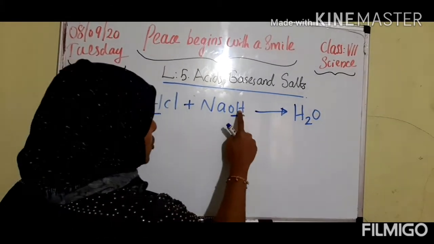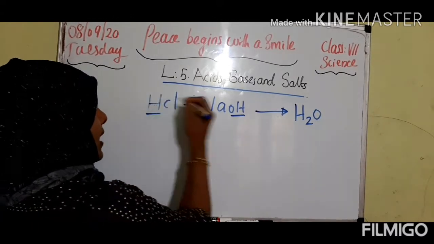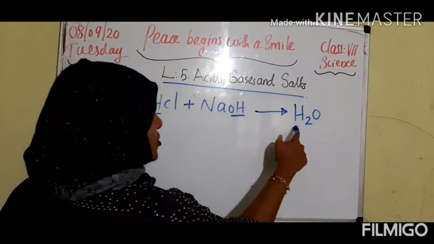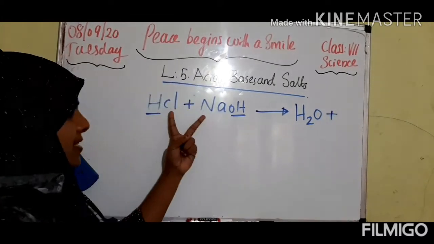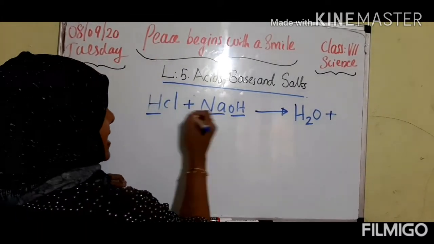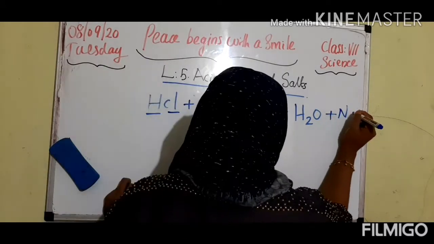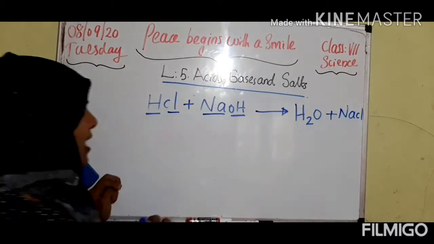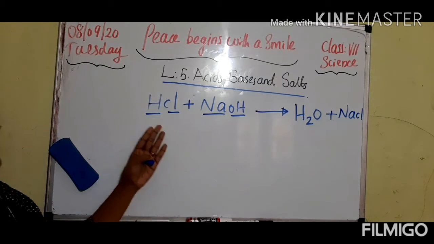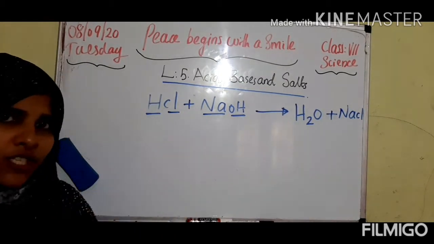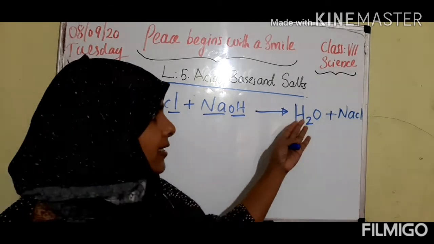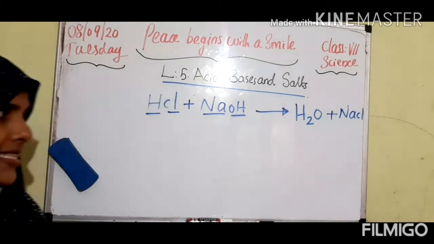So it will become H2O: one H here and one more H here, so that is H2 and O. This is water. And the rest is what, children? NaCl. So in this reaction, when hydrochloric acid is mixing with sodium hydroxide, we will get water and salt, NaCl.